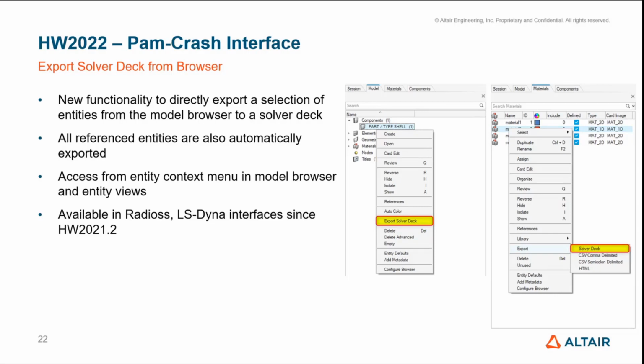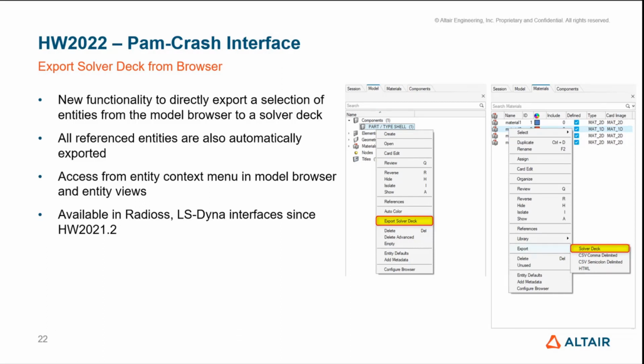You can select any entity and, from the context menu, export this selection to a solver deck. This functionality is very powerful because you are not just exporting the selected entity, but the tool will also consider all the reference entities to be exported as well.